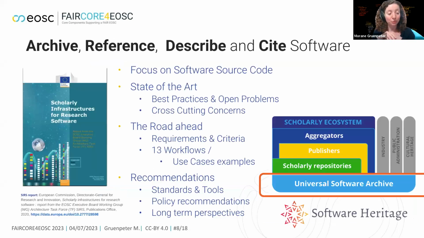Now, recently in 2020, the Scholarly Infrastructure Working Group produced the SEERS report. It's an EOSC report focused on software source code that produced recommendations and best practices for the scholarly ecosystem, identifying the relationship between different infrastructure, between aggregators, publishers, scholarly repositories, and the Universal Source Code Archive, which is not only catering to the scholarly ecosystem, but other sectors as well.